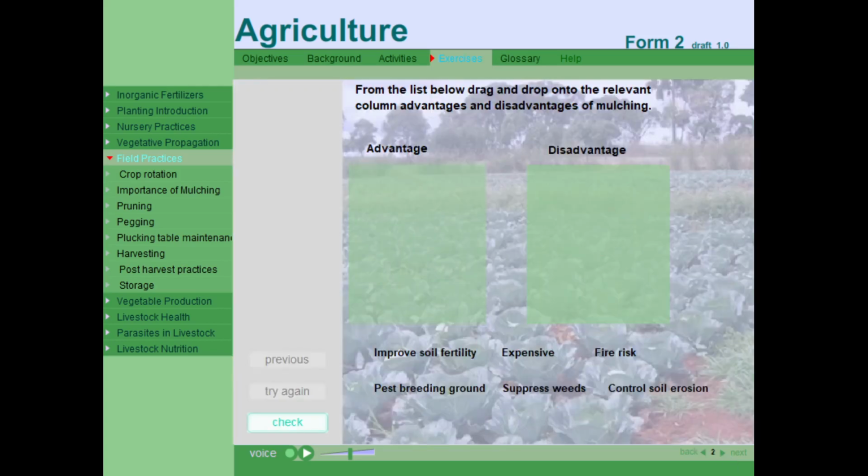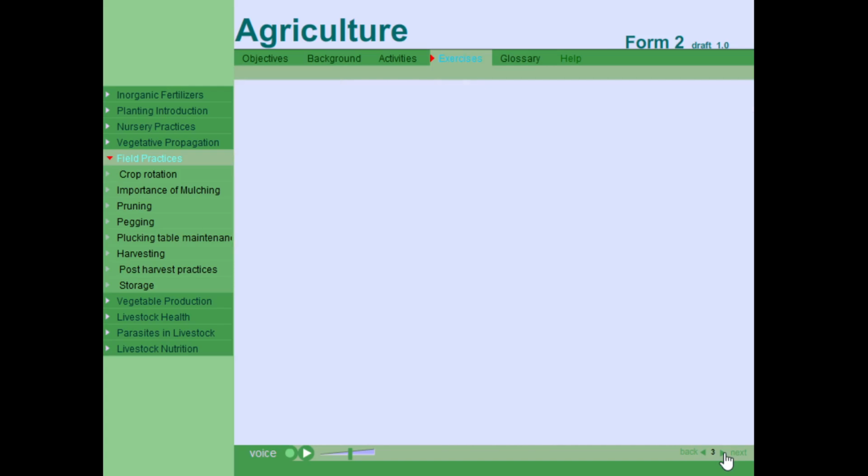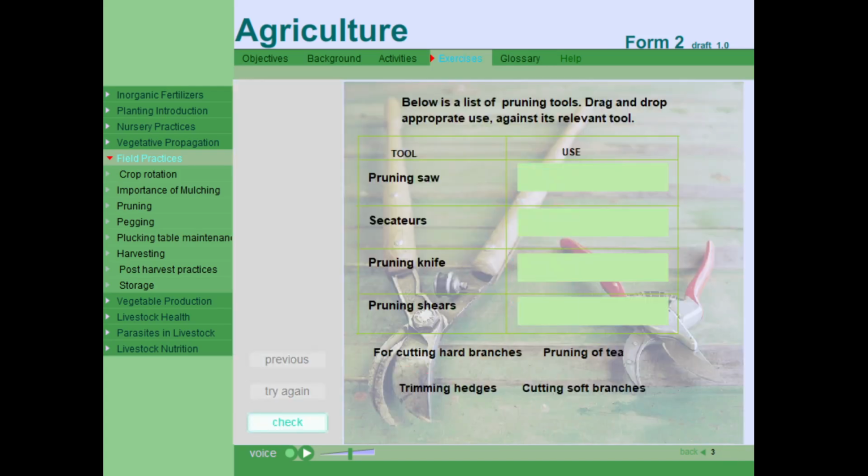From the list below, drag and drop onto the relevant column advantages and disadvantages of mulching. Below is a list of pruning tools. Drag and drop each tool against its relevant use.